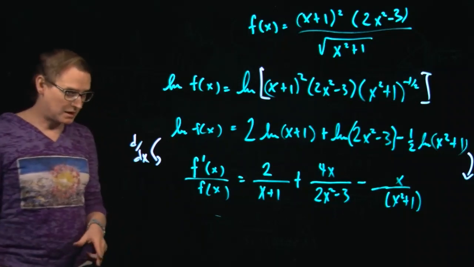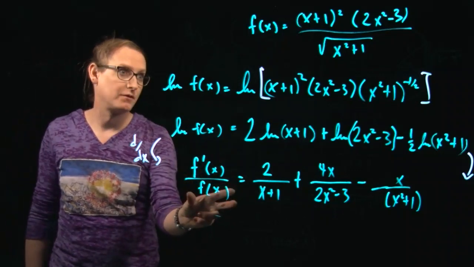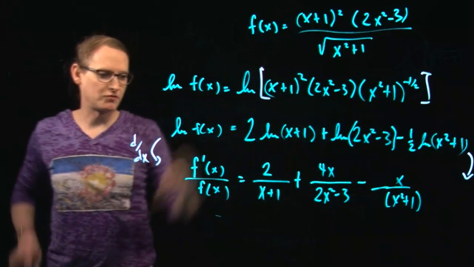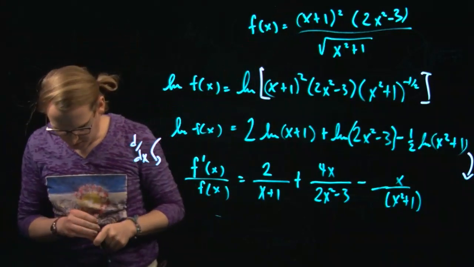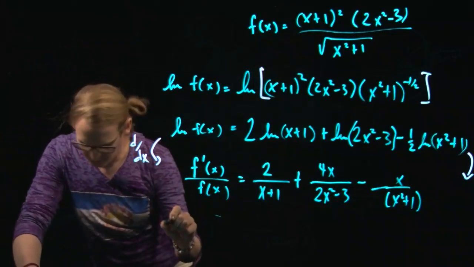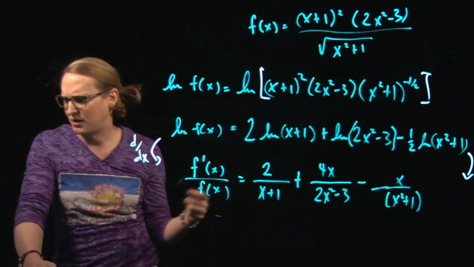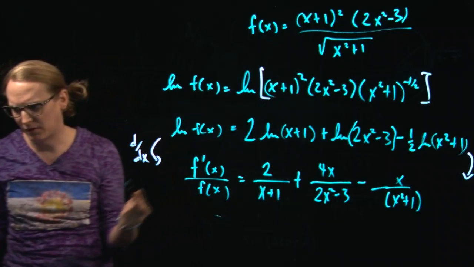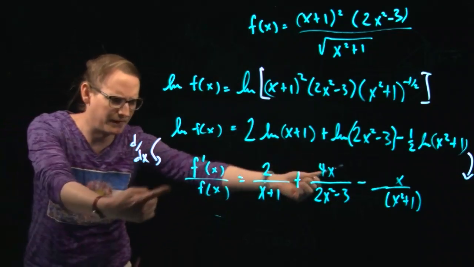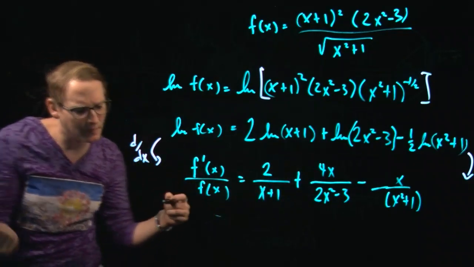I'm not quite done. I've got f prime over f. And here's our original expression for f. So then finally, in my last line here, it's not going to simplify really at all, right? But I'm just going to multiply by f on both sides to cancel f.